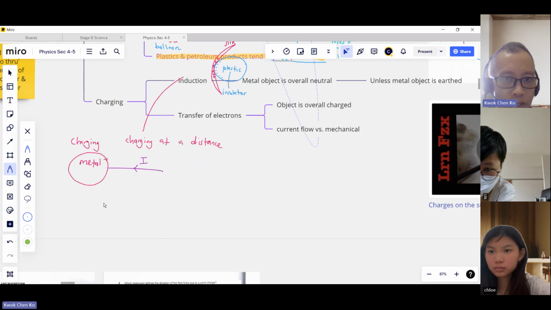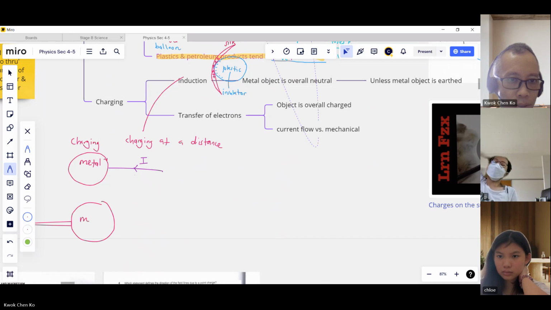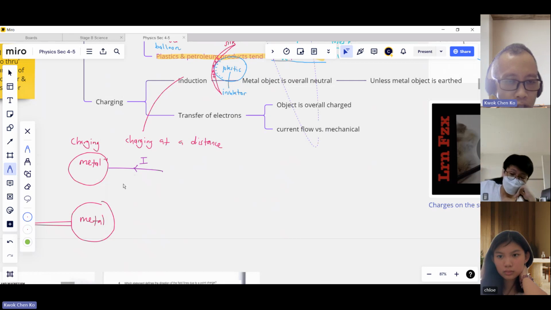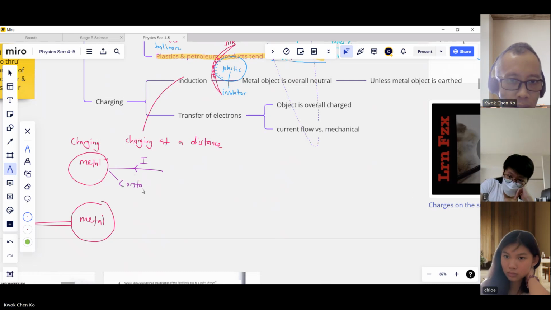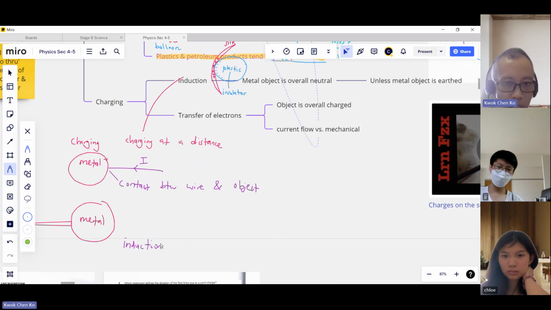Now, the other way is by induction. Now, induction, there is no contact. You notice for a current to work, the wire must be in contact. However, to highlight this word called induction, again, is 100% coming out.